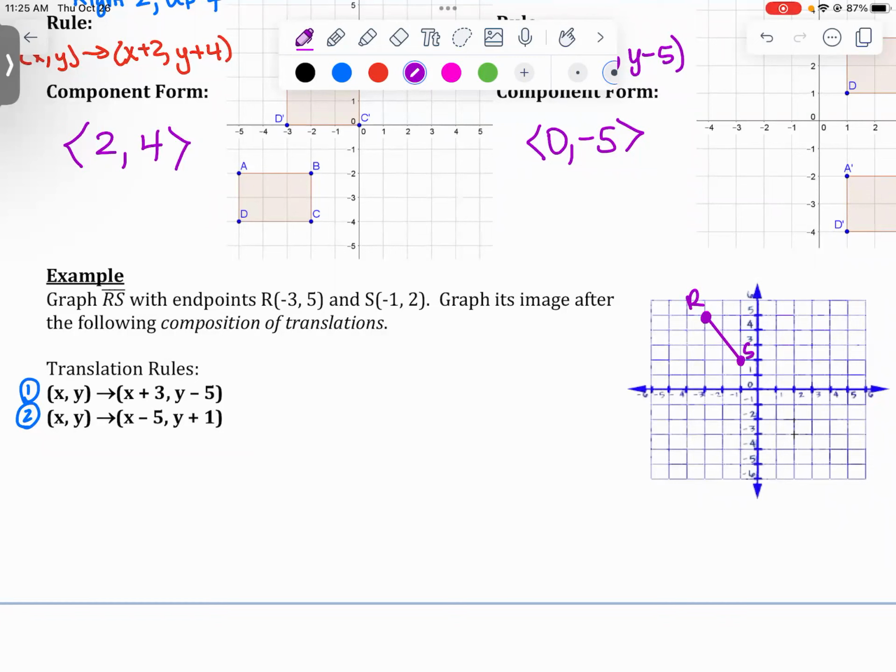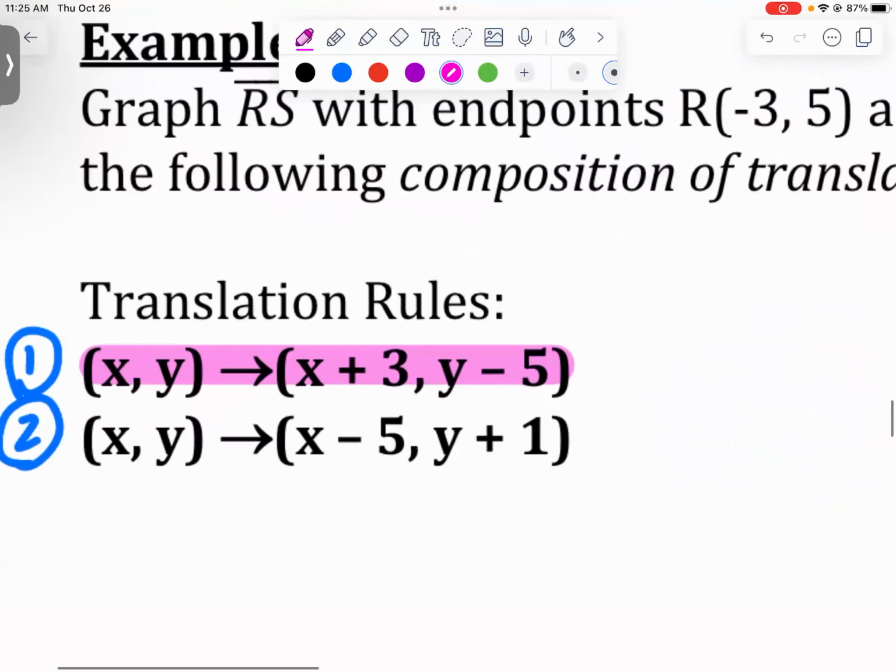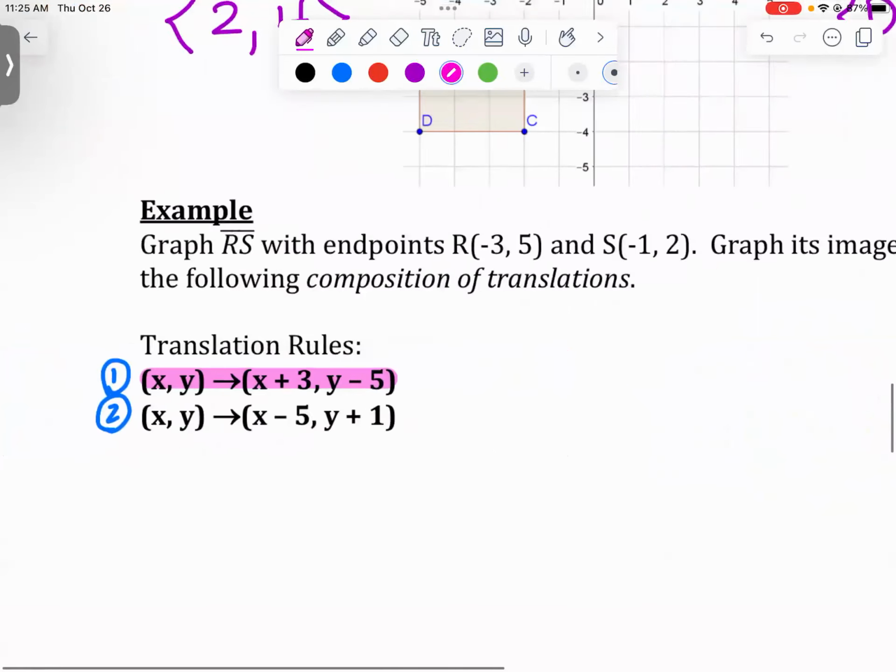Okay, I'm going to highlight it in pink, and that's the color I'll use up here. Nora, explain to me what we need to do for our first transformation. Which way do we go? Right 3, down 5.